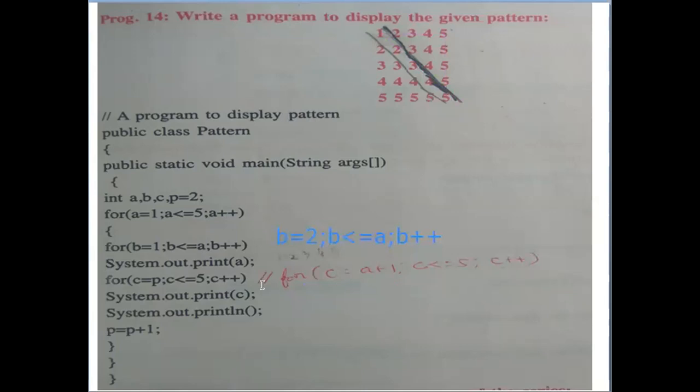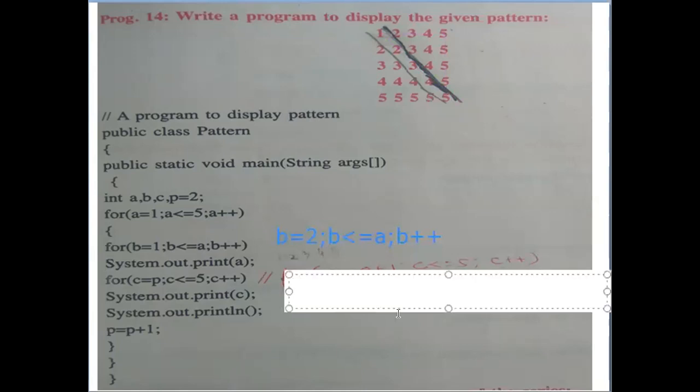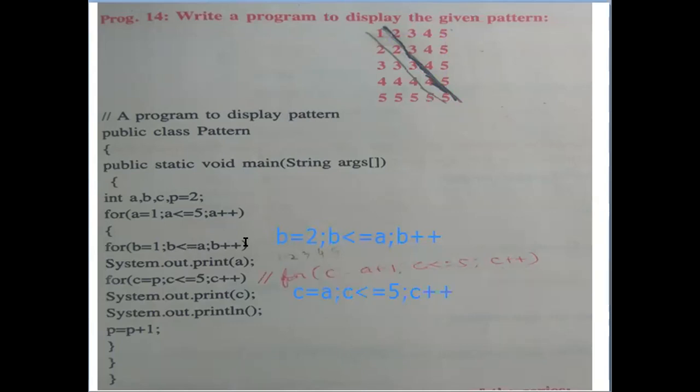Whereas when it comes over here, C is equal to A, C is less than or equal to 5, C plus plus. Is it right? This replacement. Yes, sir, correct, no?